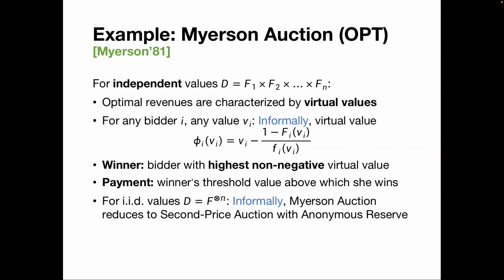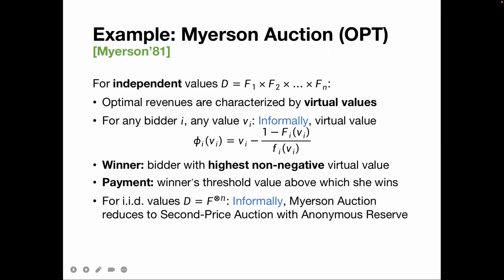Myerson's auction is restricted to independent values, and the optimal revenues are characterized by virtual values. That is, first the seller uses the known value distributions to determine the virtual value functions defined in this way for every bidder.